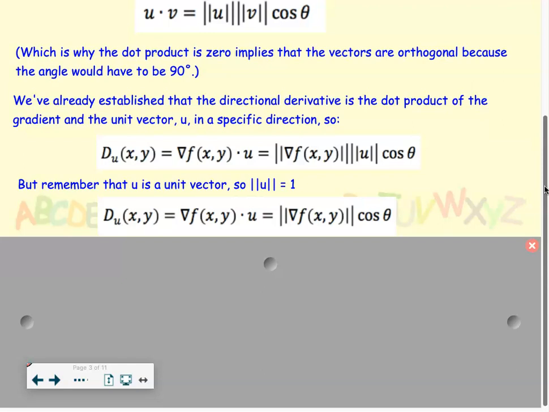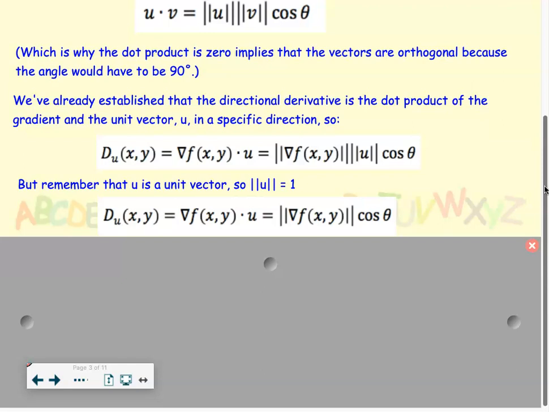What is the highest value that cosine can possibly be? 1. And what is the lowest value that cosine can possibly be? Negative 1. Now, if we do an absolute value on cosine, then the lowest it can be is 0, right? So if we're just talking positives, highest is 1, lowest is 0. If we're talking the whole realm, highest is 1, lowest is negative 1.